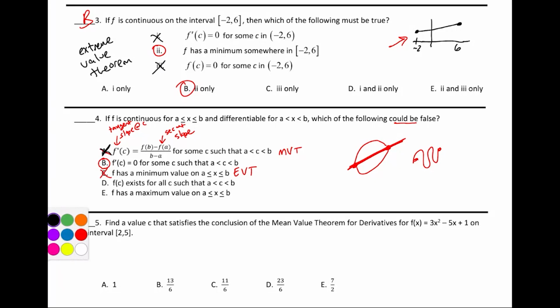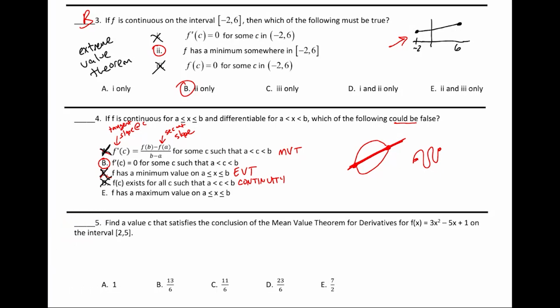So it can't be C. D says f of c exists for all c such that c is in between a and b. Well, yeah, because it's continuous, the function is going to be defined for all values. So this is continuity. It's going to grant us that. So yeah, it can't be D.